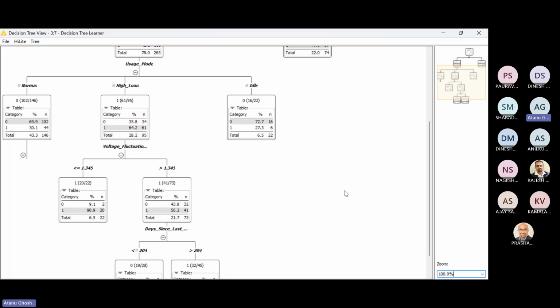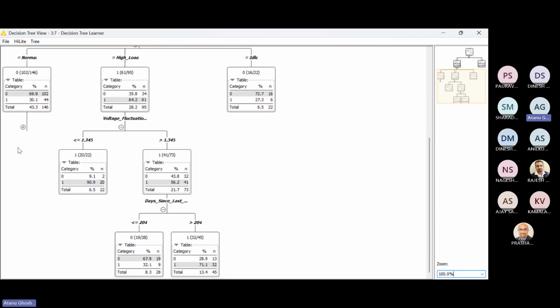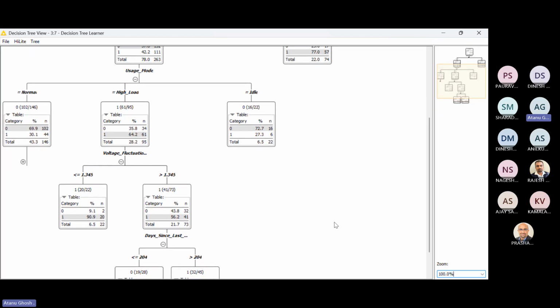But in one leaf node, the minimum can be one, if that is the objective. The decision tree will try to meet that objective. It will break down, making more and more branches like it has done here, till it comes to a point where each of these leaf nodes will carry only one observation, because with that one observation, you are 100% confident whether a machine will fail or not fail under those conditions.